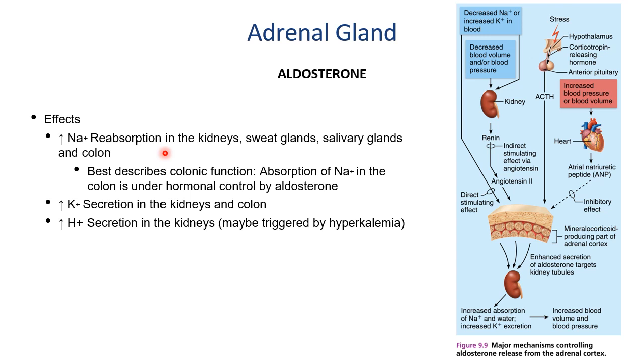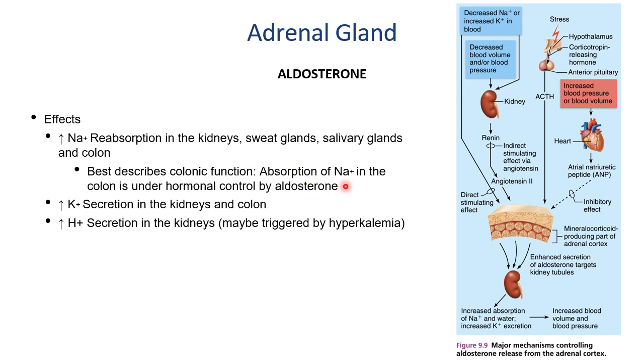The sodium that is in the urine, which should join the urine, after the action of aldosterone in the collecting tubule, causes the sodium to go back into the blood. So, at the end of the day, you are preserving the sodium and retaining it into the blood. So it causes an increase in the level of sodium in the blood.